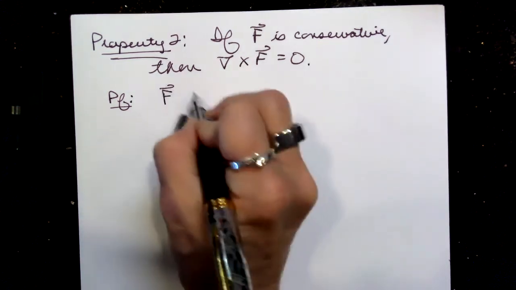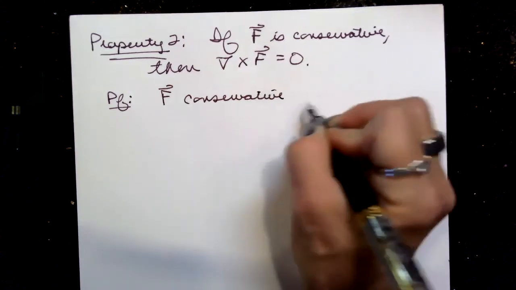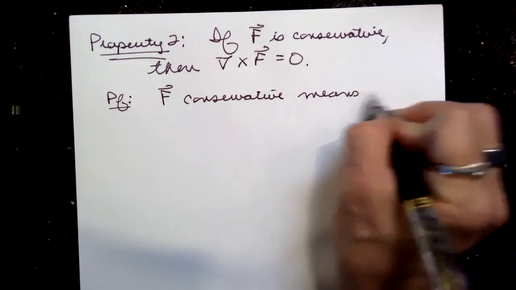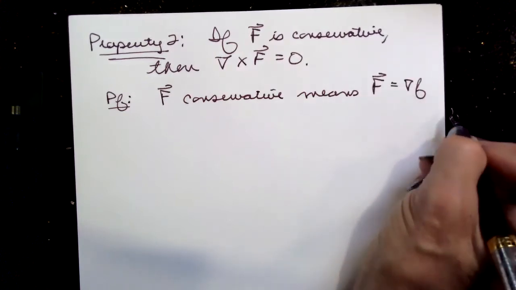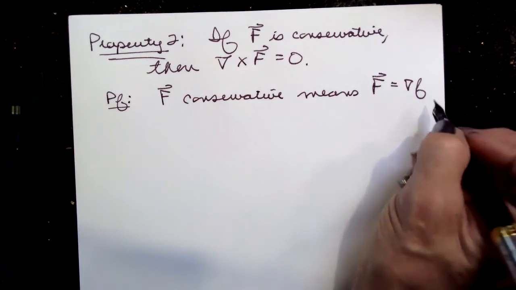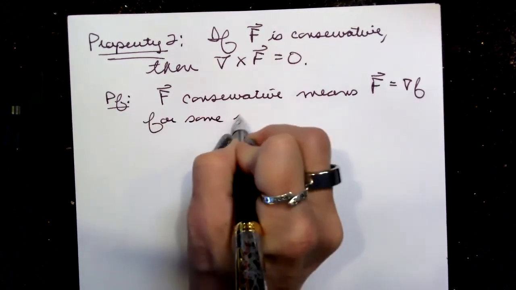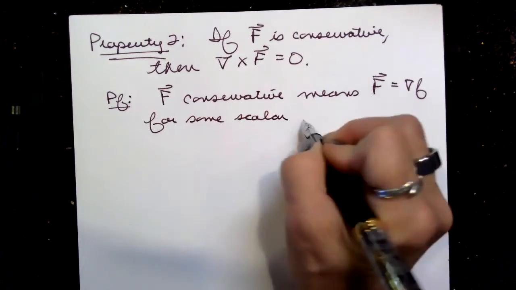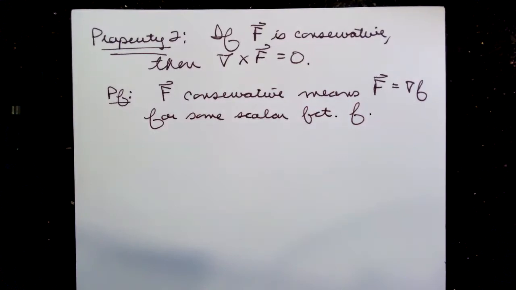F conservative means F equals gradient of little f for some scalar function f, okay? So F is equal to a gradient.